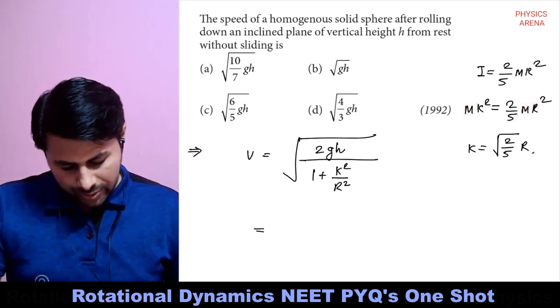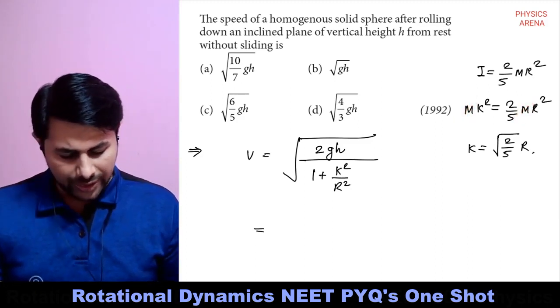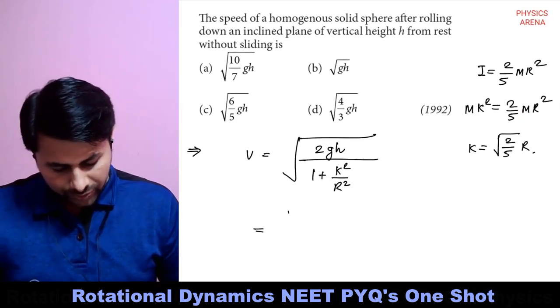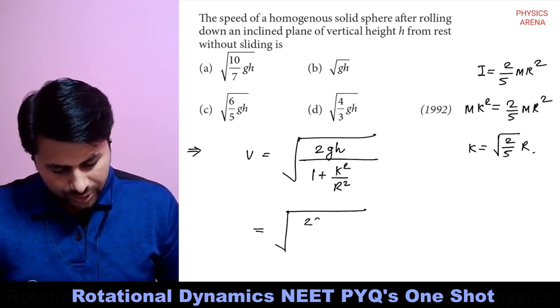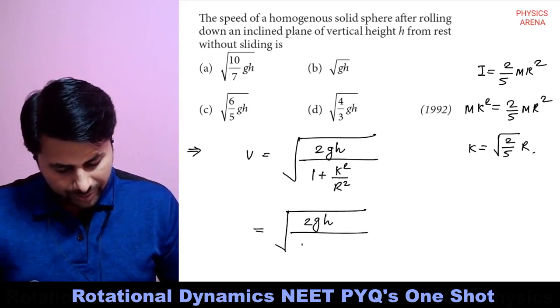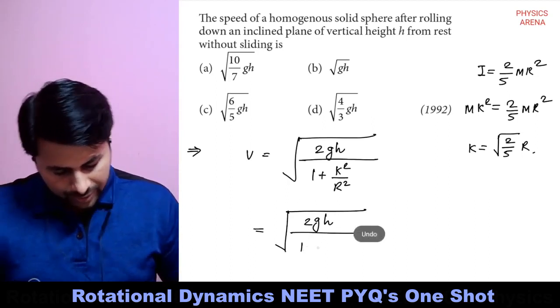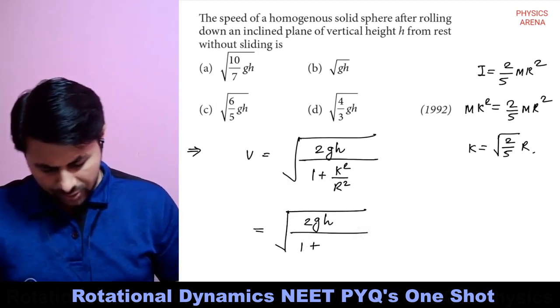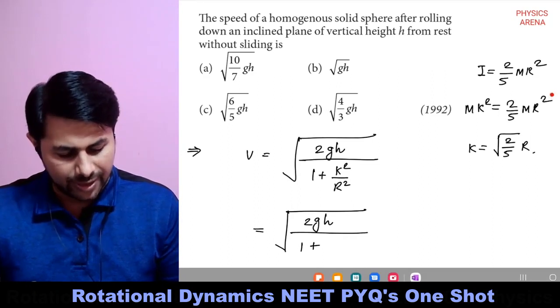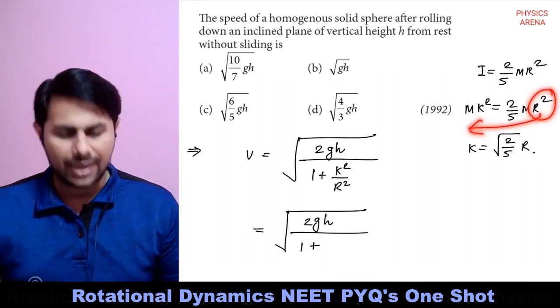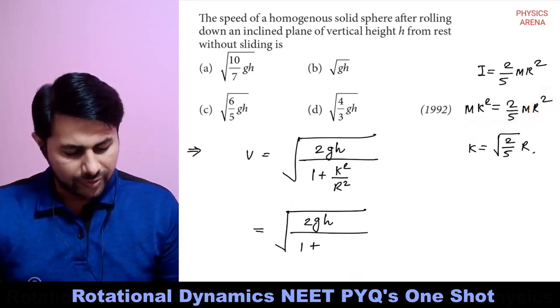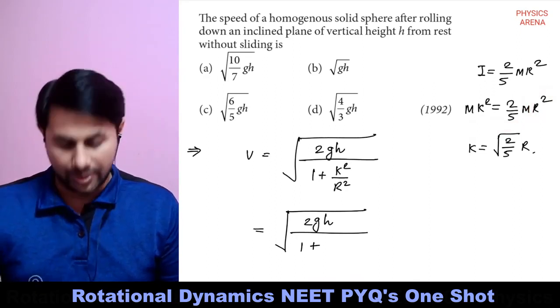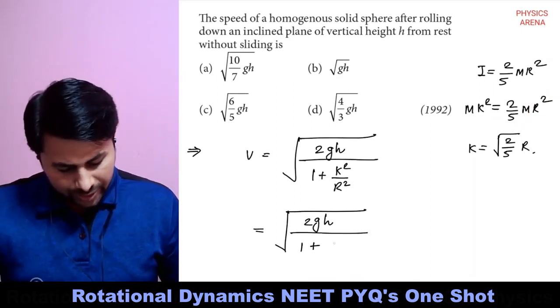Now we can substitute that. It is 2gh divided by 1 plus k square by r square. We can directly find k square by r square from here. If we take r square on this side, k square upon r square will be 2 by 5.